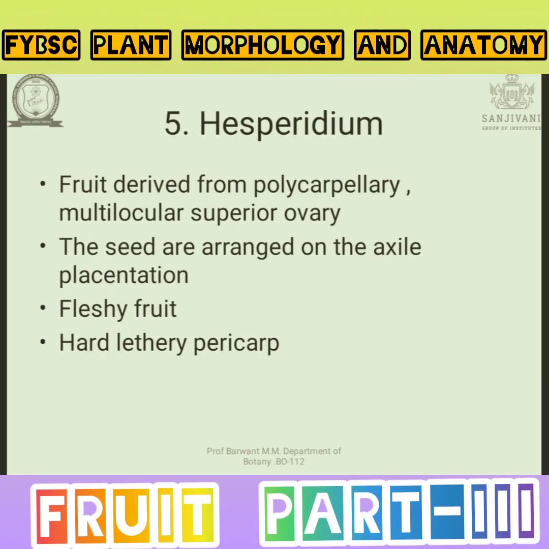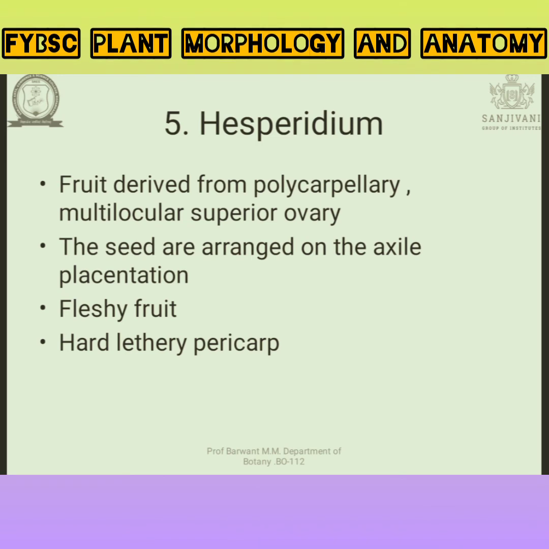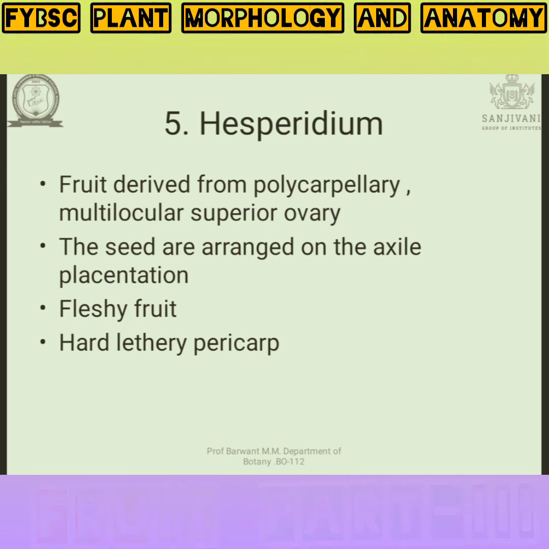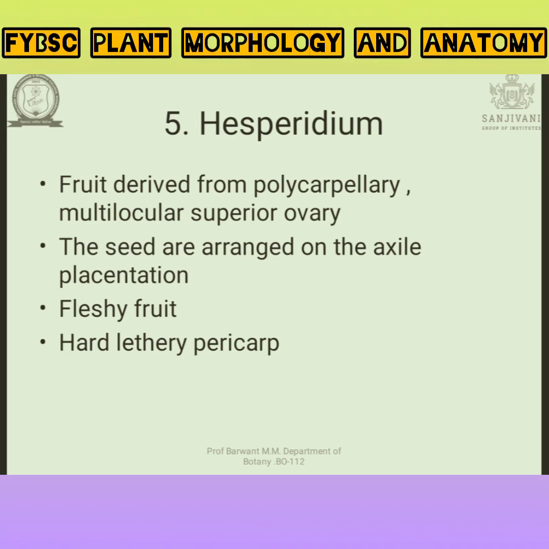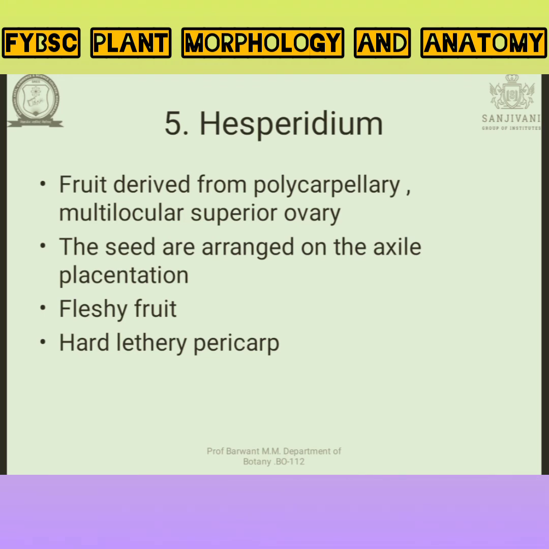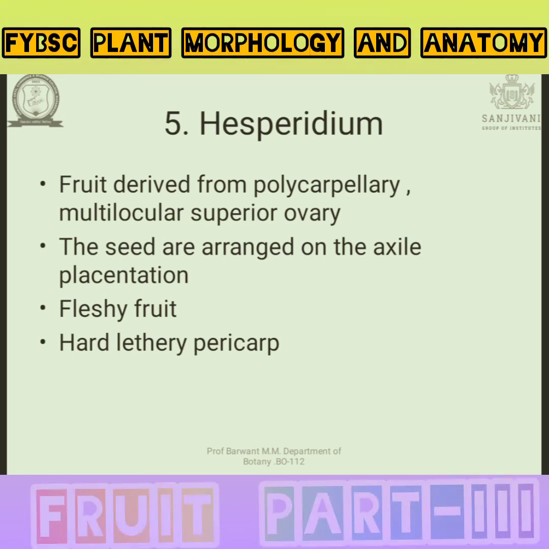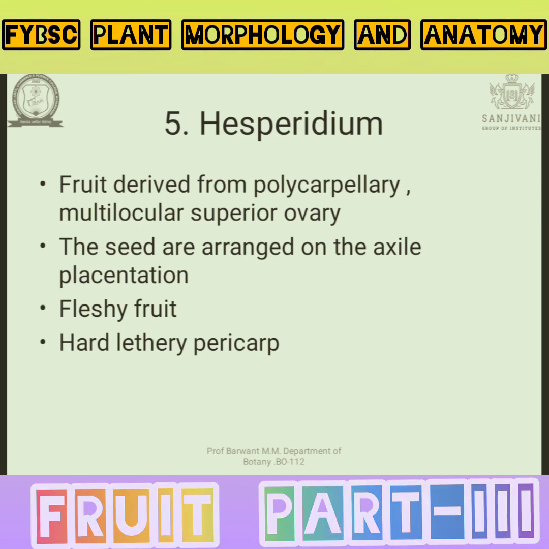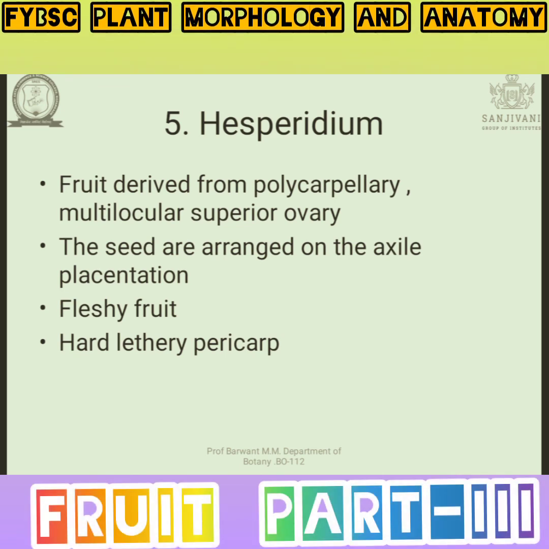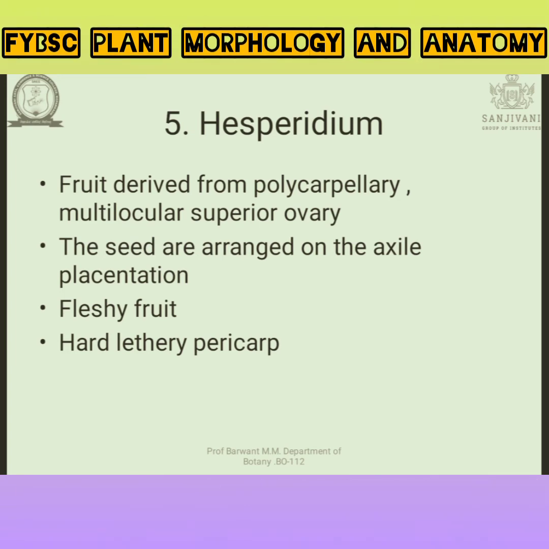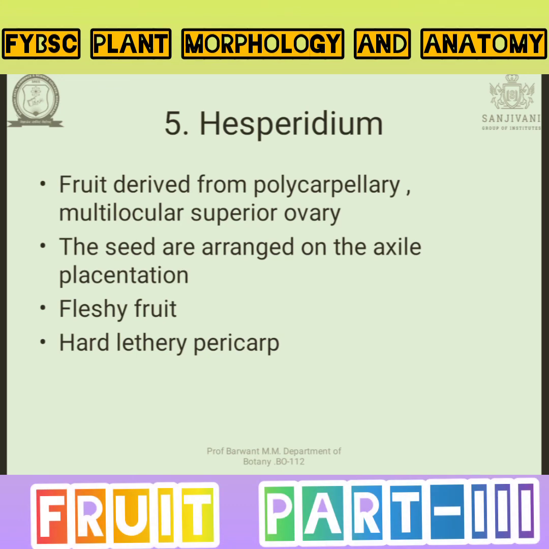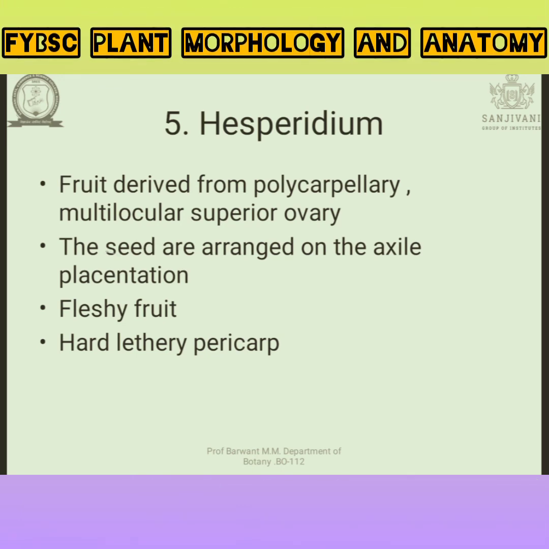The last type is known as hesperidium. The fruit is derived from the polycarpellary multilocular superior ovary. The seeds are arranged on axile placentation. It is a fleshy fruit with a hard and leathery pericarp.